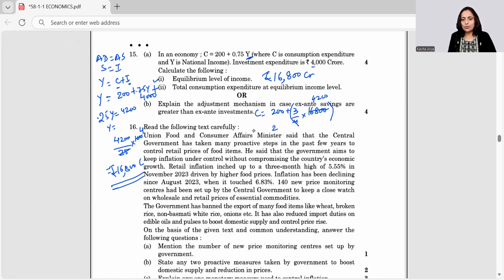We are left with 200 plus 0 0, 3 2s are 6, 3 4s are 12. So answer is 12,800 rupees crore is the consumption. So here this answer is 12,800, right? Consumption at equilibrium level. Let's proceed further.